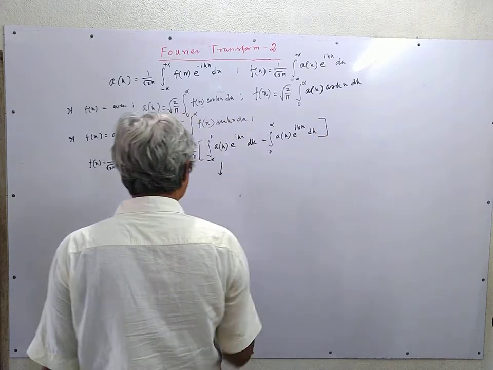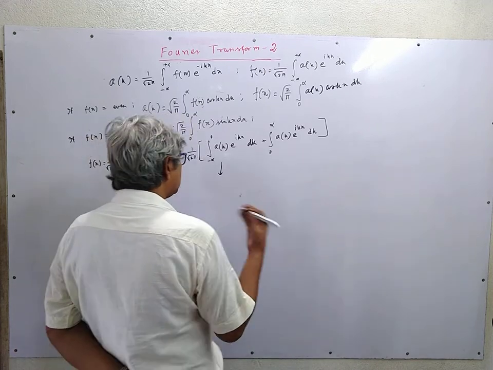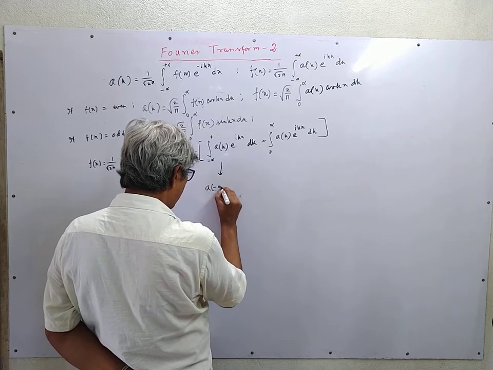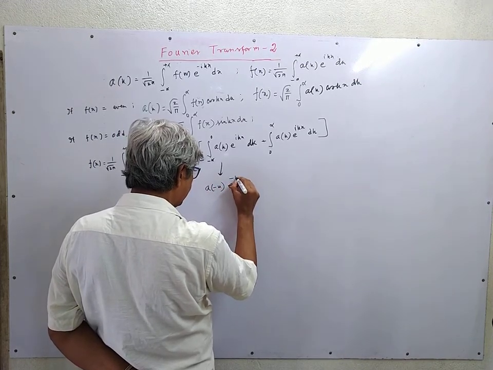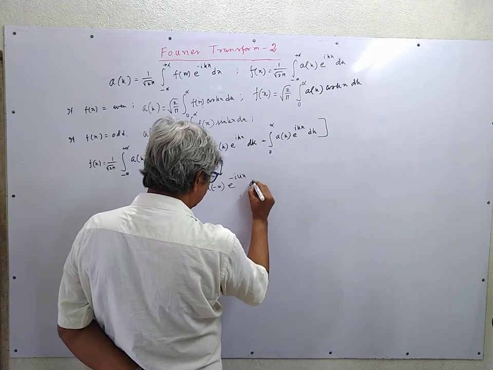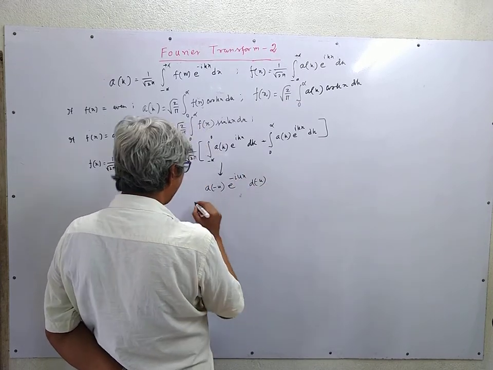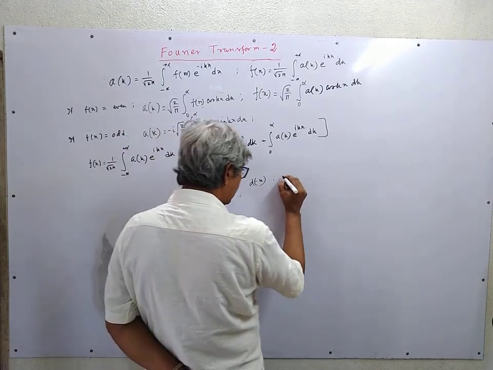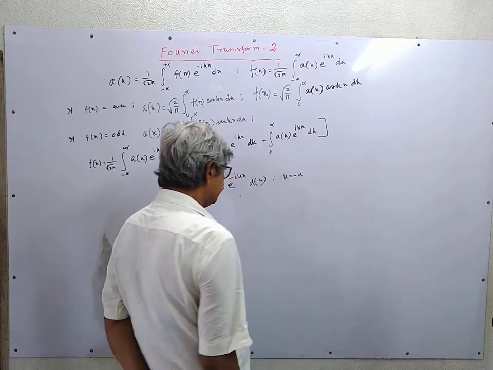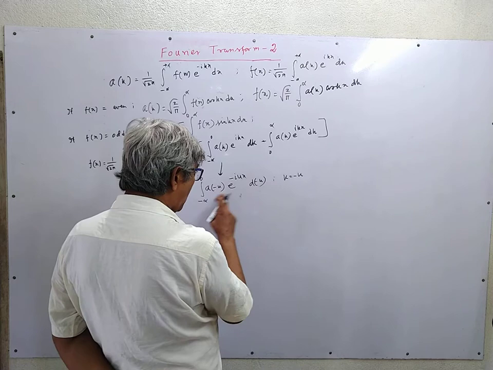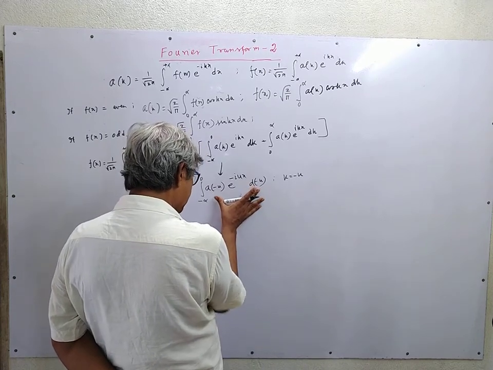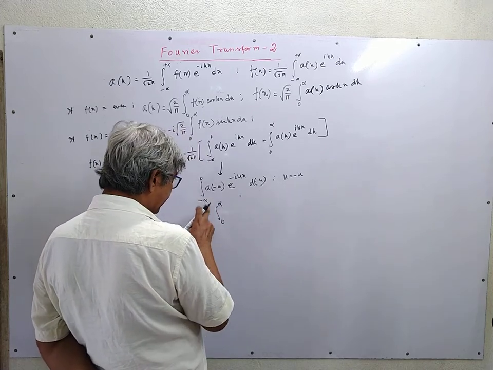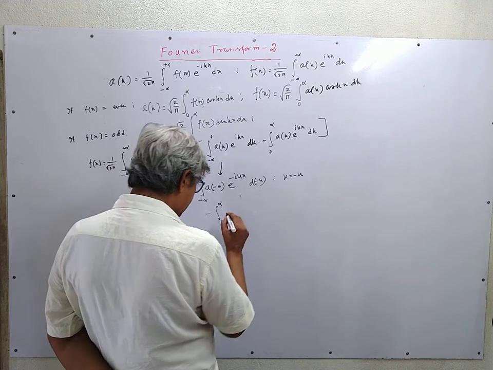Now this term, we introduce a of minus u, e to the power minus i u x, d of minus u, and the limit is from minus infinity to 0, where we have substituted k is equal to minus u. Since this is odd and this is also negative, it makes it positive, so the overall limit is 0 to infinity. This minus sign comes from the changing of limits.